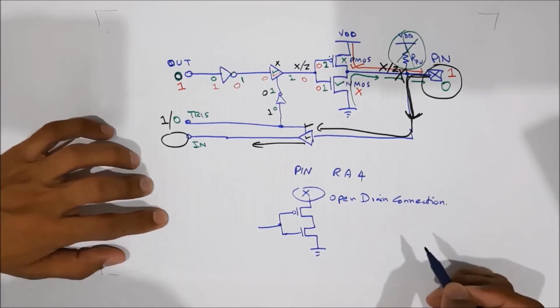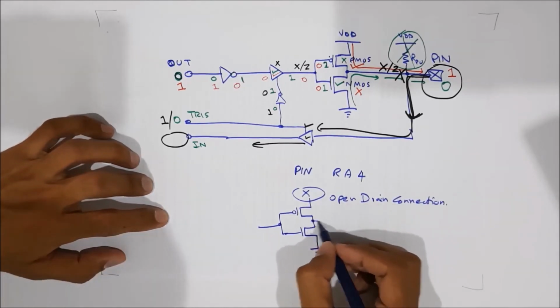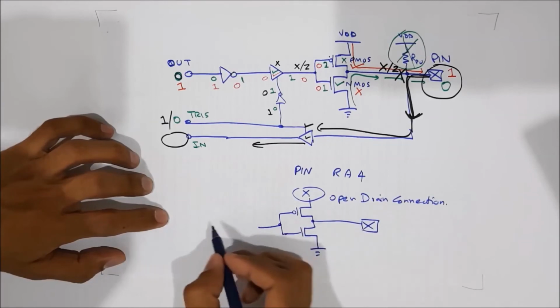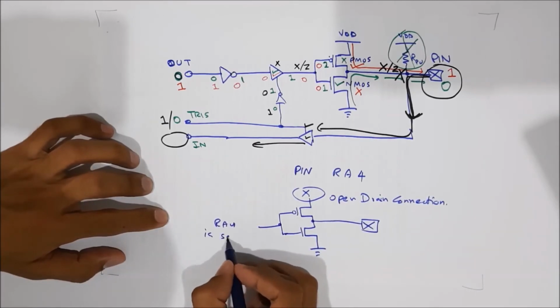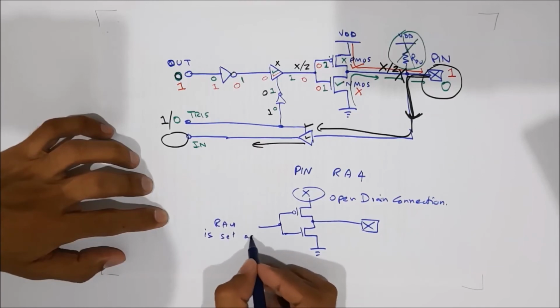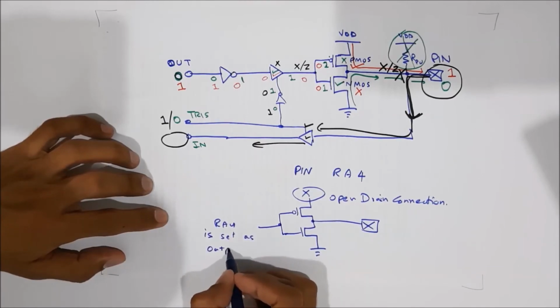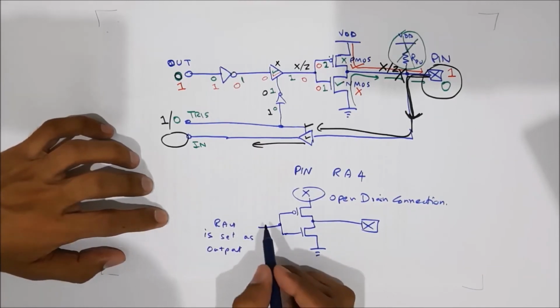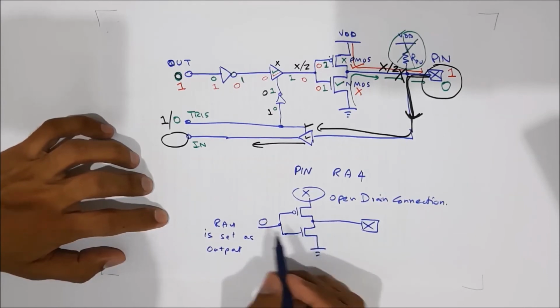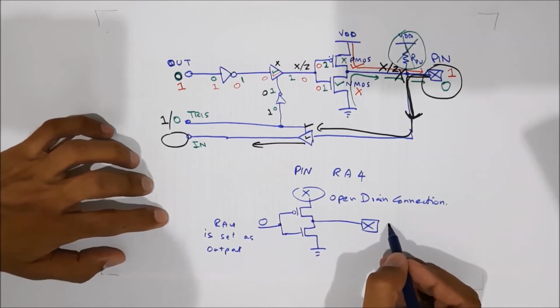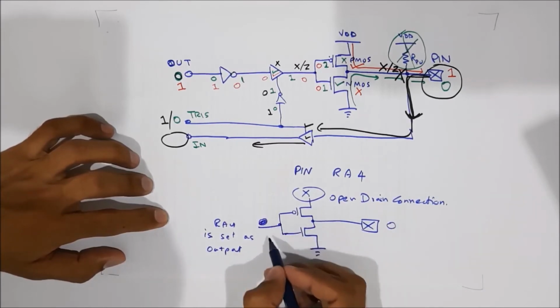This means that once the pin RA4 is set as an output, we can send a 0 at this pin. We can output a 0 at this pin by sending a 1 here.